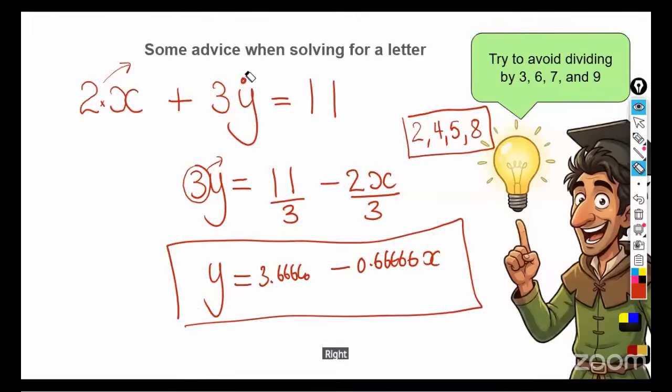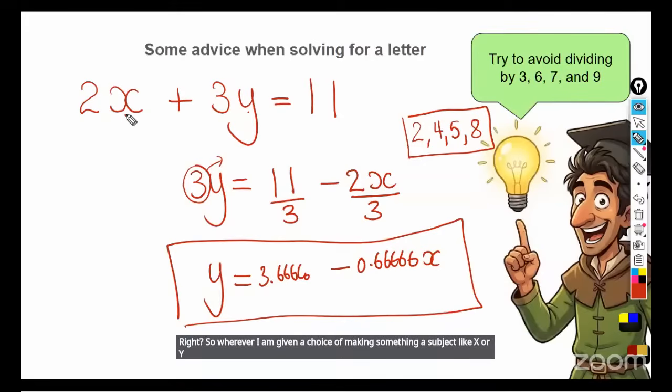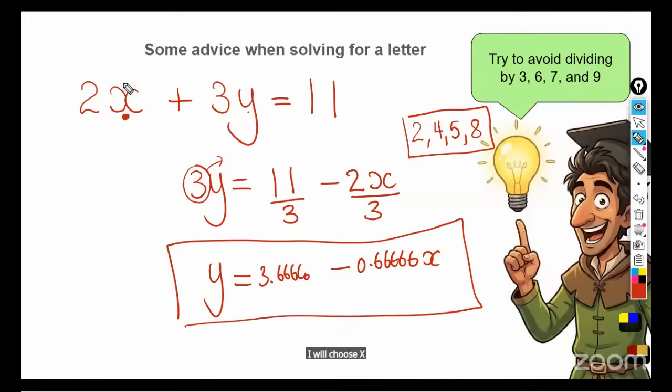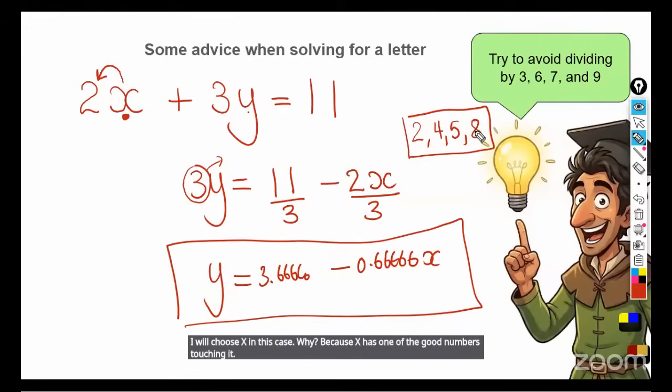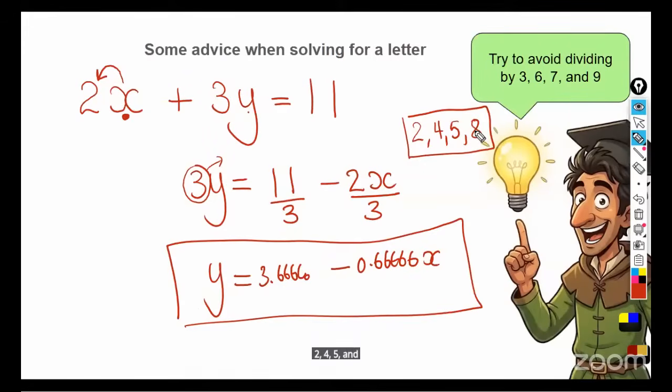So whenever I am given a choice of making something the subject, like X or Y, I will choose X in this case. Why? Because X has one of the good numbers touching it. 2, 4, 5, and 8 are good numbers. I would never choose Y in this case because the number touching Y is 3.